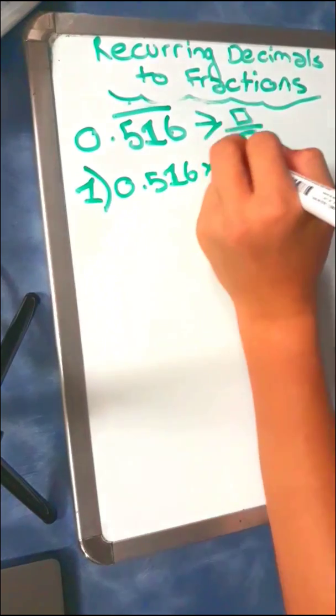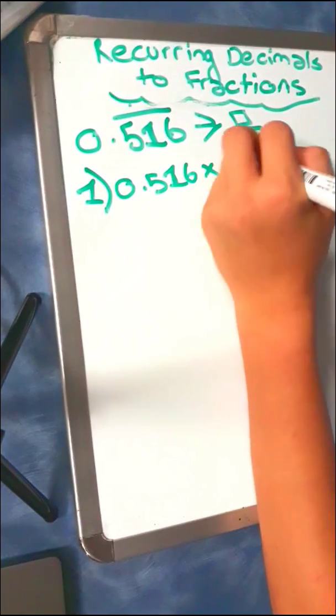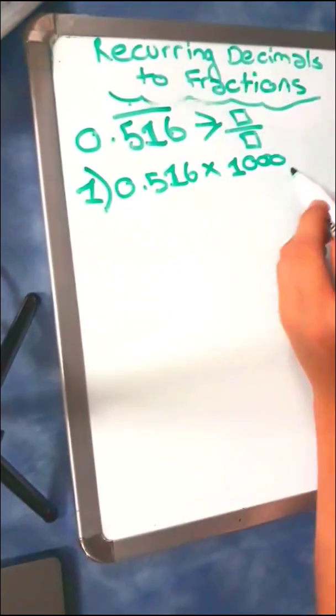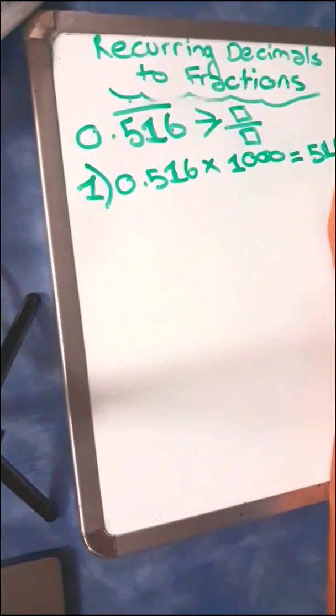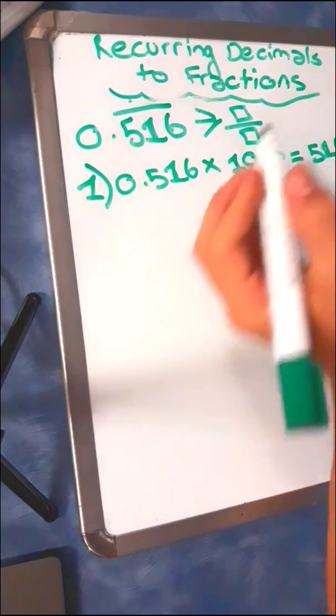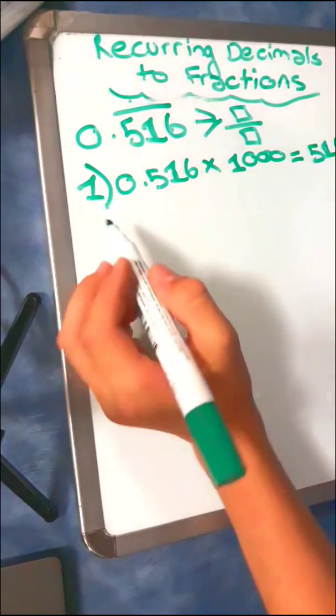So that would be 1000 because we've got 3 recurring decimal places. So you times it by 3 zeros, bringing us to 516.516. That keeps going on.